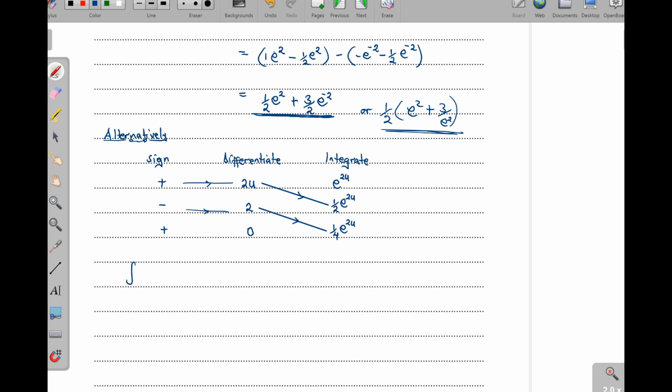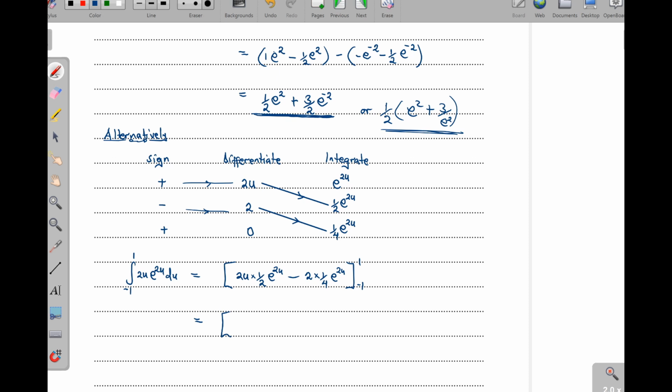Now that means the integral from -1 to 1 of 2u e to the power of 2u du shall be 2u times a half e to the power of 2u, then the negative times that, so we have negative 2 times a quarter e to the power of 2u, then you put the limits 1 and -1.